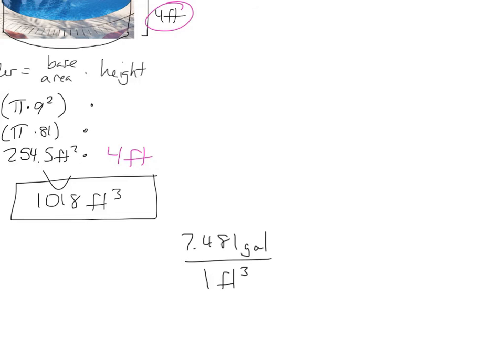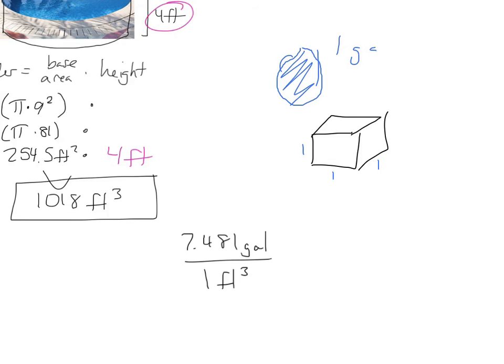All right, what does that mean? Well, it means if you had 1 cubic foot of water, so that would be 1 by 1 by 1, and it would take, let's see if I can do my best to draw a milk jug. That's a terrible milk jug. But anyway, if these are all 1 gallon, it would take 7.481 of these to fill this up, okay?